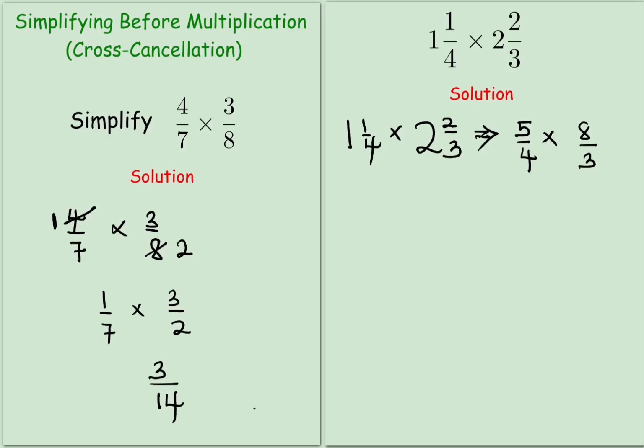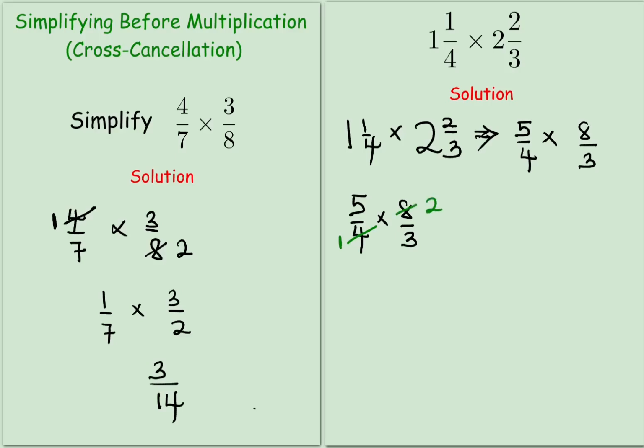So in essence, we have 5 over 4 multiplying 8 over 3. Is there anything we can do to this? Yes, we can simplify. So in that case, we say 4 divides itself once. We are choosing to simplify diagonally because vertically would not work. 4 divides itself once and it divides 8 twice.